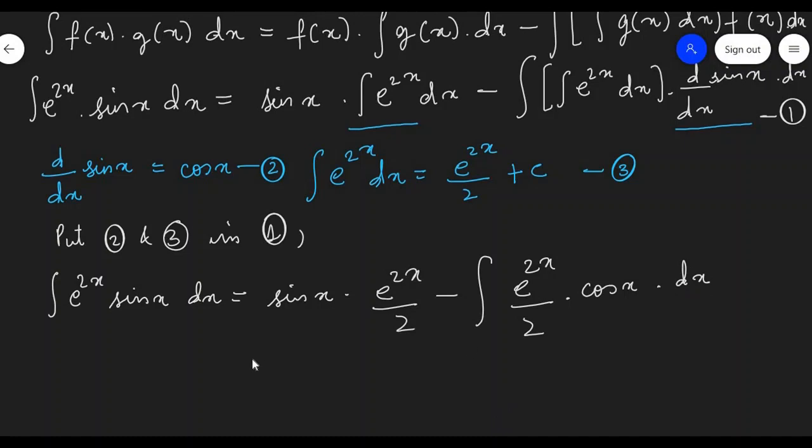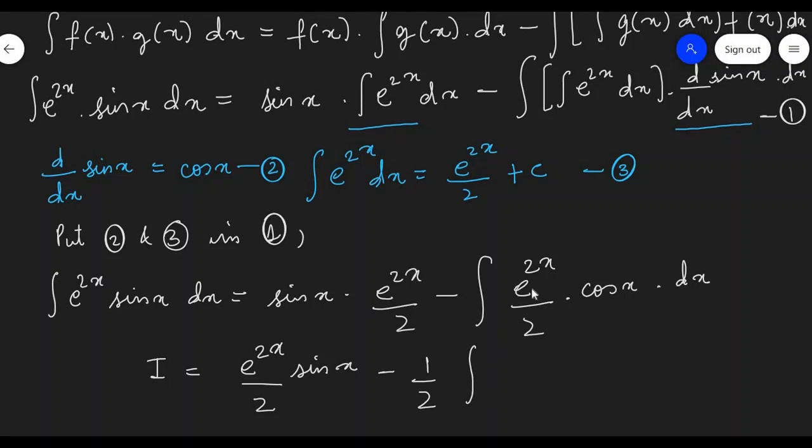So let's rearrange the terms a little bit and call this integration as I. So I'm going to get I as e raised to 2x sin x by 2 minus, let's take this 1 by 2 outside integration.